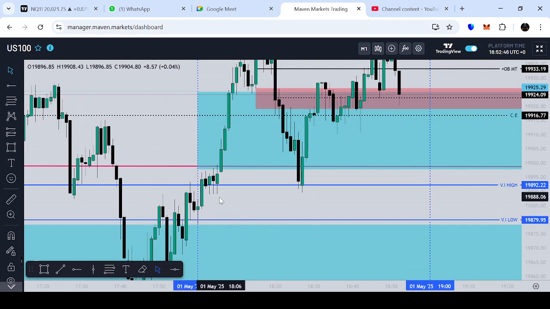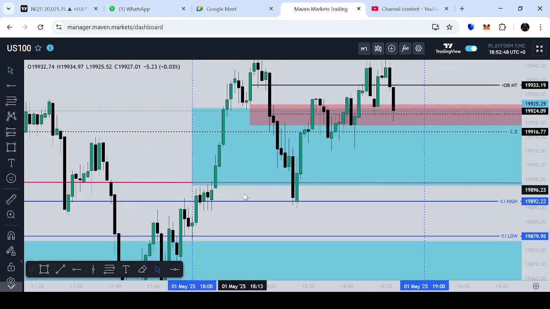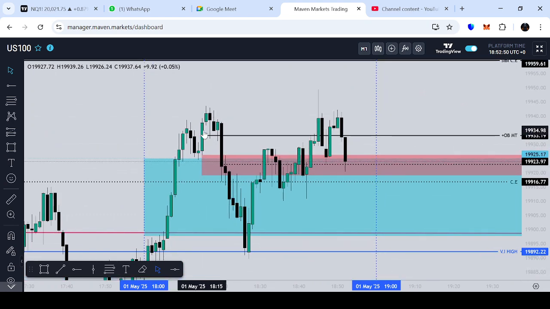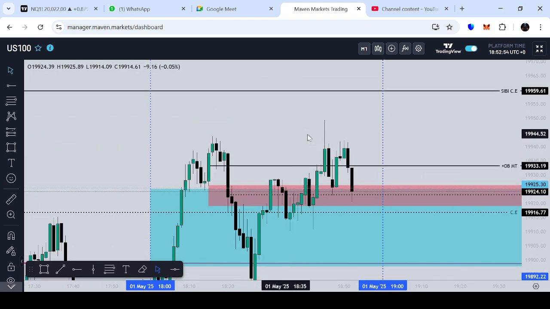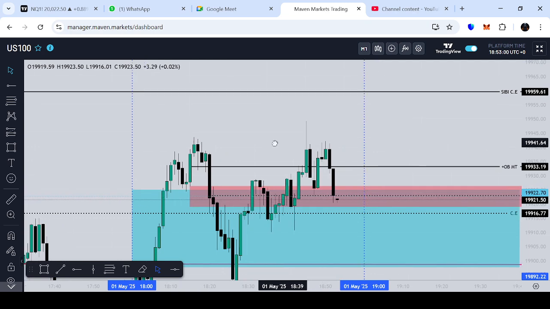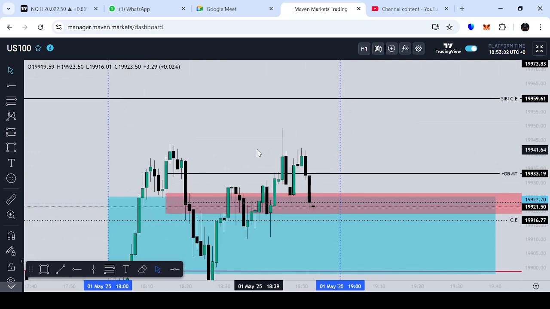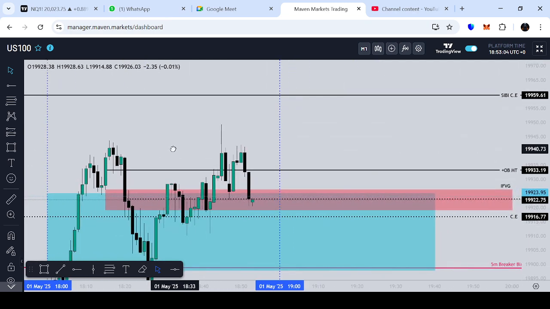You can see the movement, silver bullet up there. In 1 minute, the buy side liquidity has been taken. The 5 minutes inversion fair value gap.